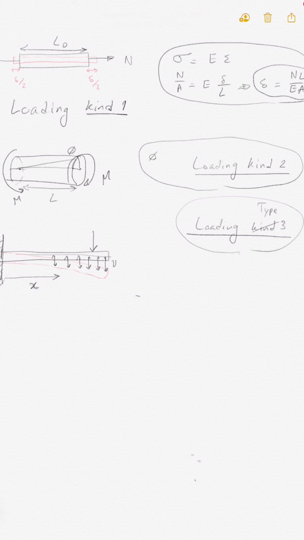The deformation in the case of bending is more complicated than the linear deformation, kind 1, or the torsional deformation, kind 2. So kind 3 deformation, which is bending deformation, is a function of X. So I say V of X. You see that?